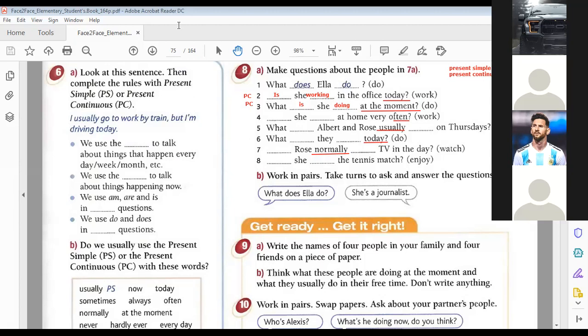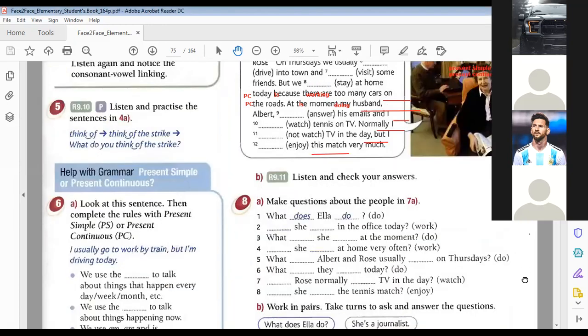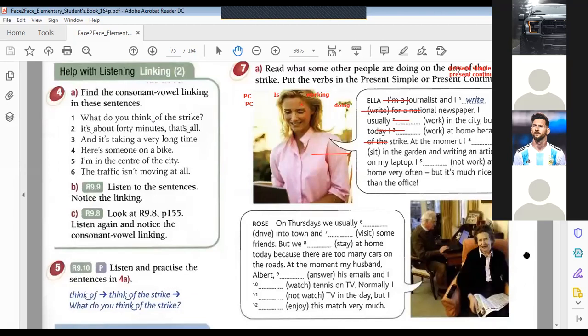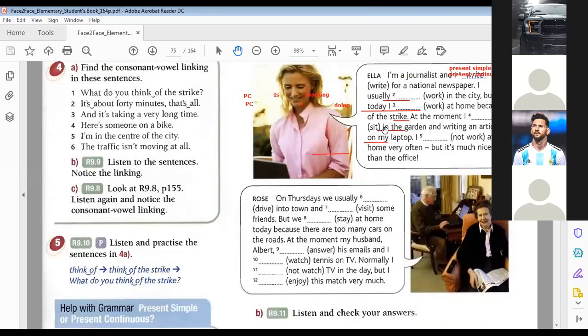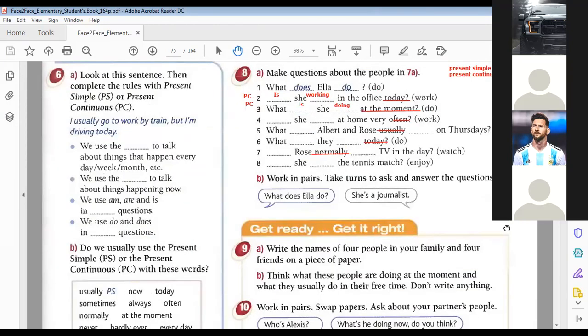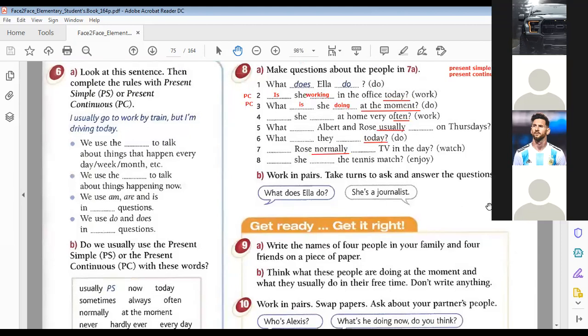Or she's playing. Ella, here, this is Ella. What is she doing? She's writing or sitting in the garden. Correct. And writing an article. Correct. She's sitting in the garden. That's the right answer. Correct. Very nice. Very good. Very good.